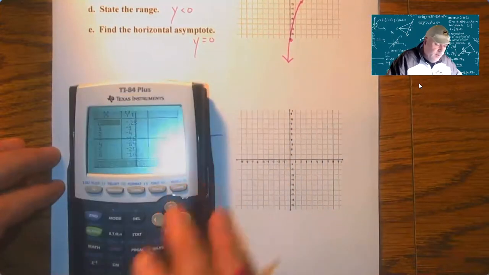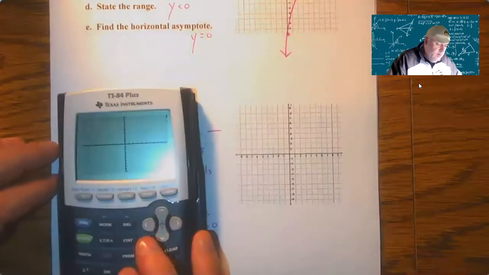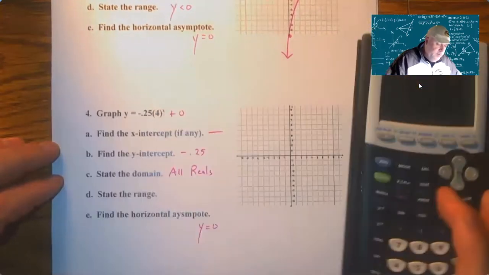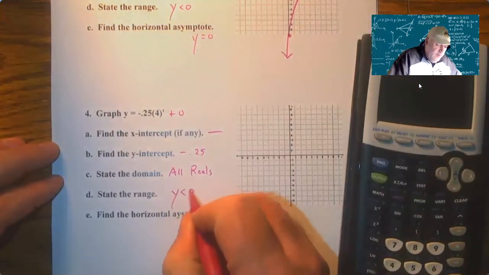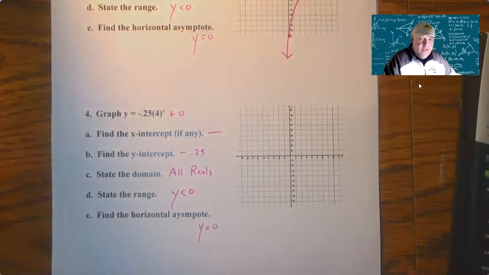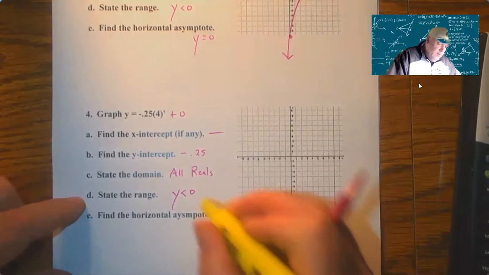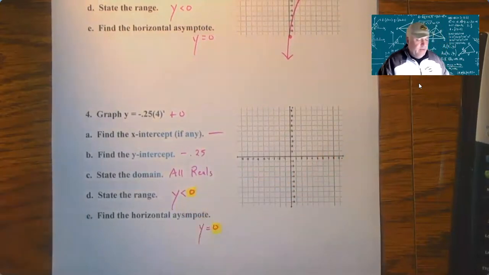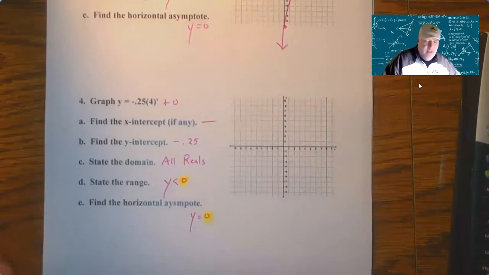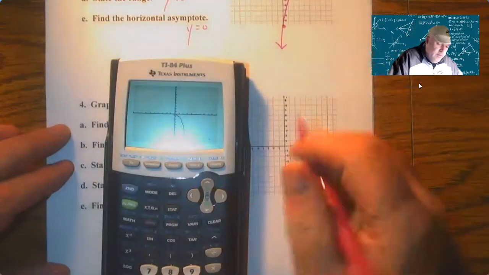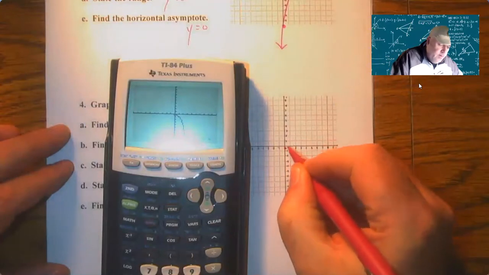So let's take a look at it here. And it is sitting below this. So again, these two values are always the same. On every analysis, you need the horizontal asymptote to be able to answer the range. So -0.25 is really close there.